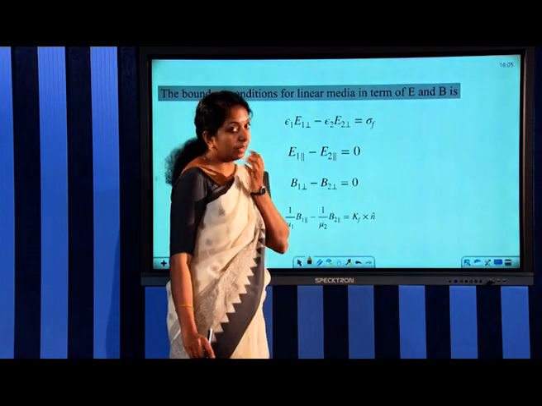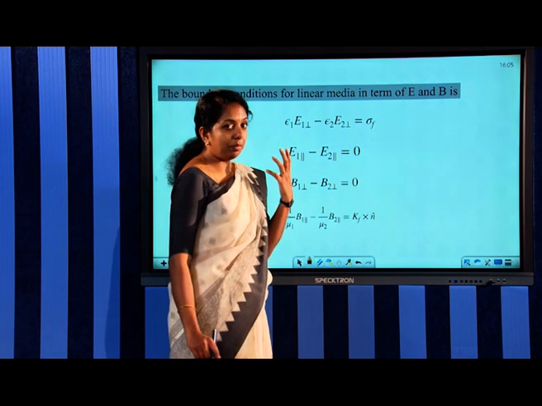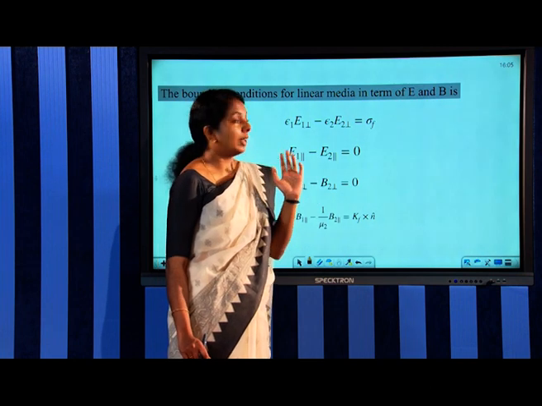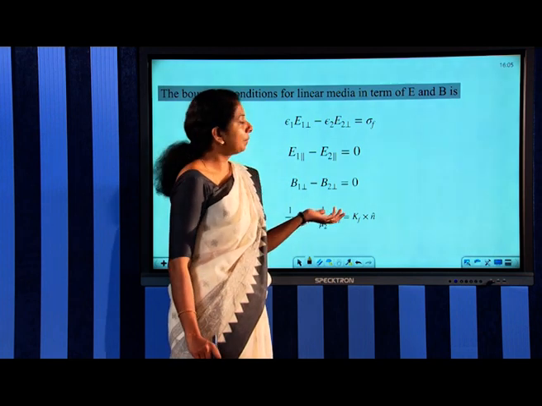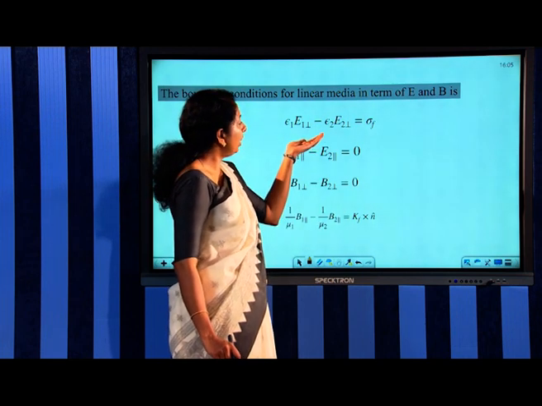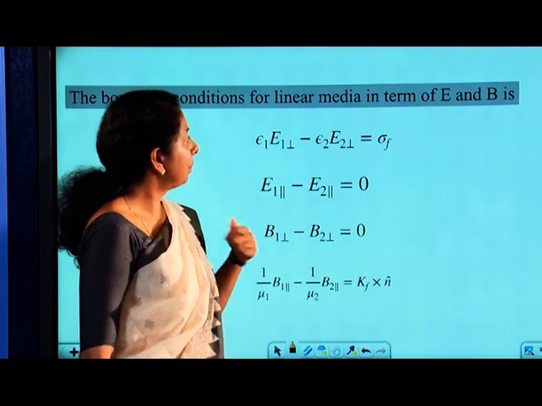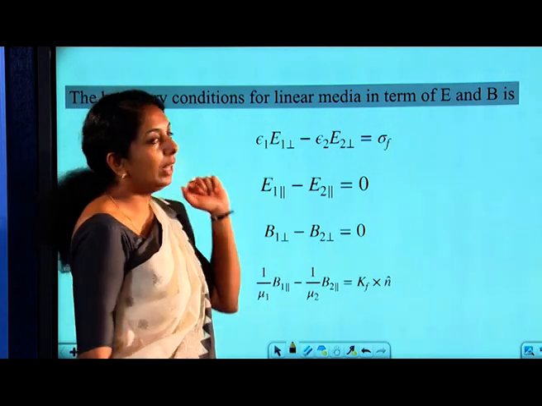So, we have seen that when the electric field or magnetic field crosses a plane sheet having surface charge density or surface current density, only the perpendicular component of D and the parallel component of magnetic field suffer a discontinuity, and here we have just rewritten that equation for a linear media.